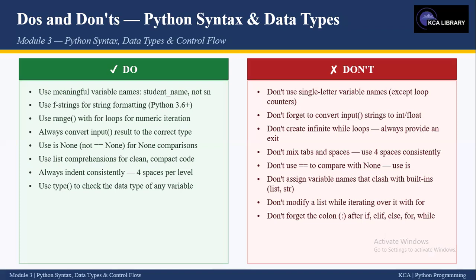Don't assign variable names that clash with built-ins, like list or str. Don't modify a list while iterating over it with for. Don't forget the colon after if, else, for, while.